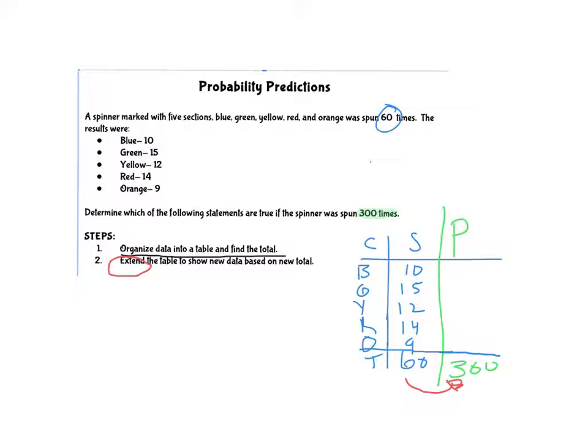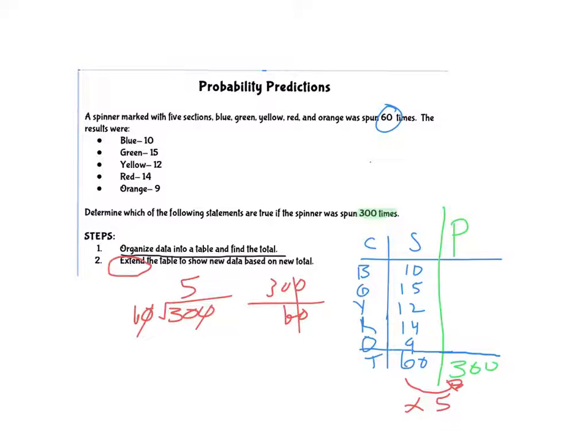We can prove that by looking at how many times 60 goes into 300, or dividing 300 by 60. Remember, we can cancel out zeros. This becomes 6 into 30, and 6 goes into 30 5 times. So I'm multiplying by 5.